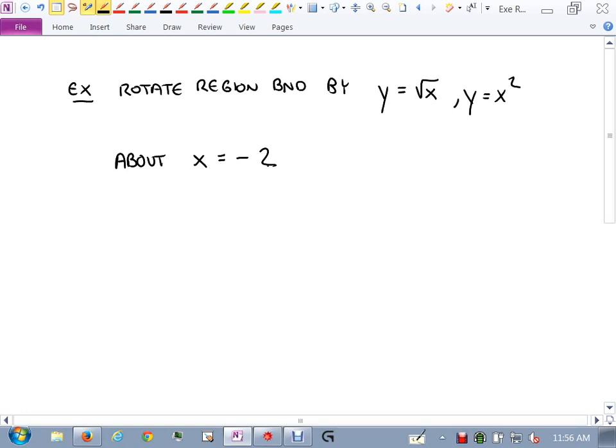Rotate it around y equals -4, what's the volume? Rotate it around x equals, and so you have the area, then a rotation around x, a rotation around some other line, up and down maybe, and then rotation around y, and then move those lines. So you basically have one region that you rotate like 5 or 6 different ways. But it's all just the setup, right? As long as you can set up the integrals, you're done.